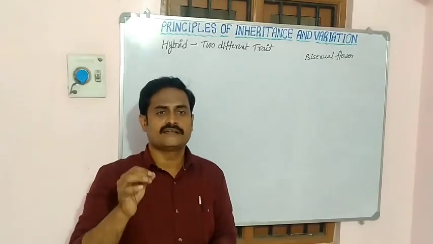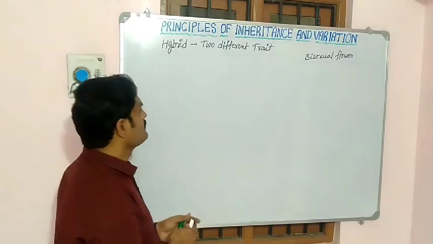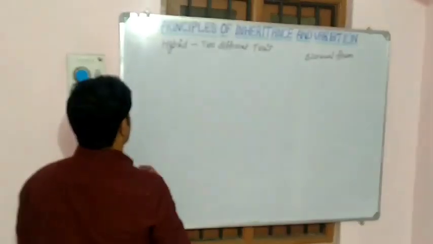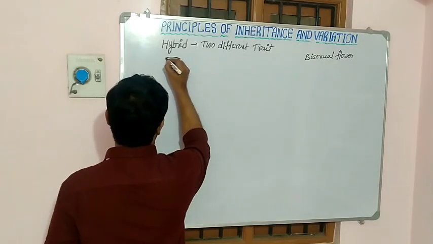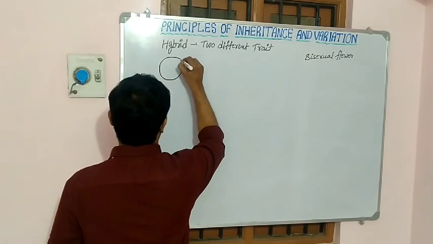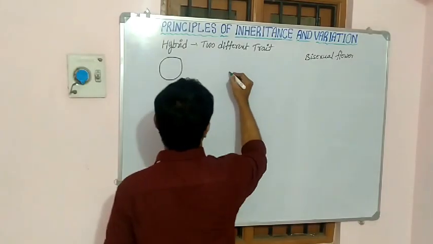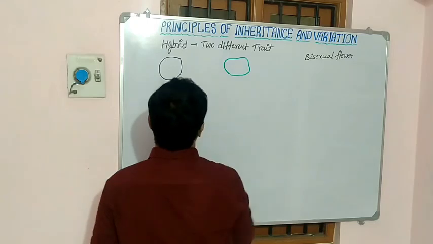Each time Mendel chose only one character. This time Mendel chose another type of character from the pea plant. First, he chose the round seed, and as well as another different one, a wrinkled seed.